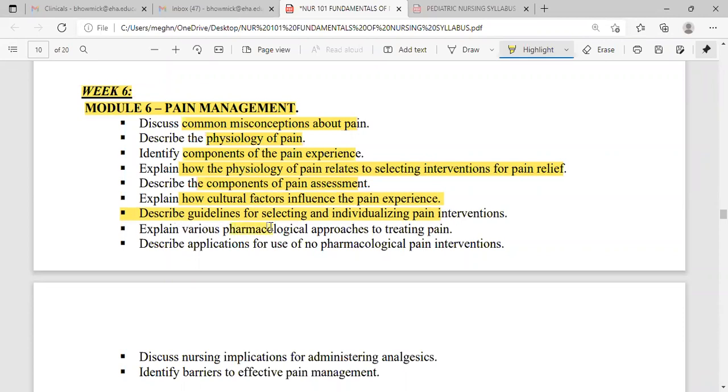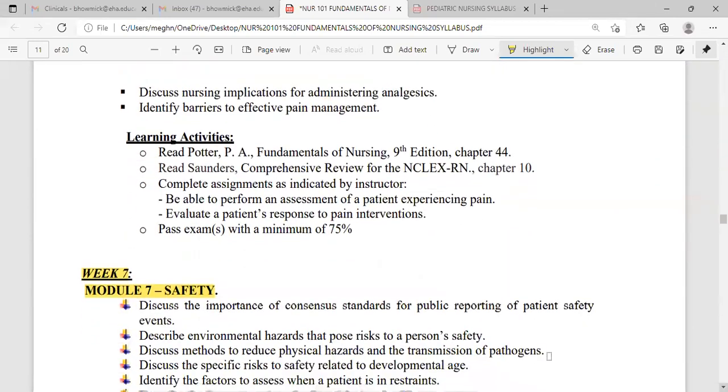Explain various pharmacological approaches to treating pain, and describe applications for use of nonpharmacological pain interventions. What else? And discuss the nursing implications for administering analgesics for pain management, and identify barriers to effective pain management, right?